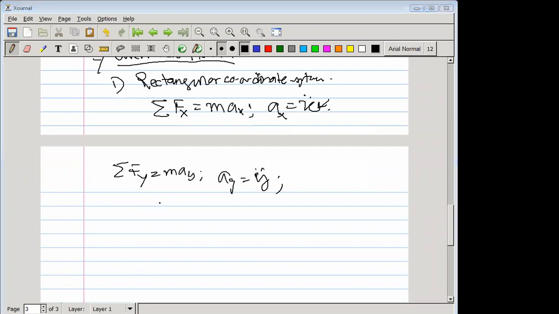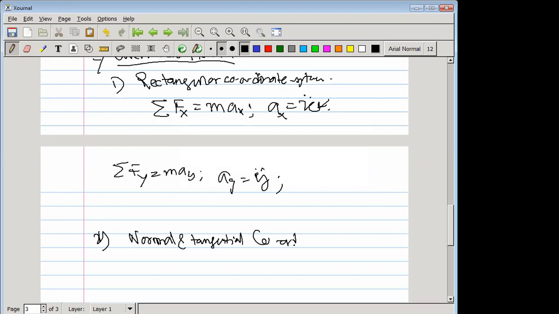Similarly, the second one is the normal and tangential coordinate system. Under the normal and tangential coordinate system, to find the force, one is normal. So Fn is mass into acceleration along the normal direction, right?